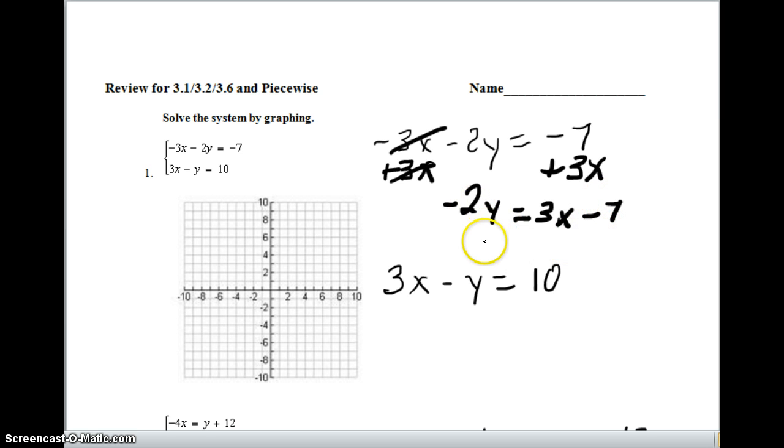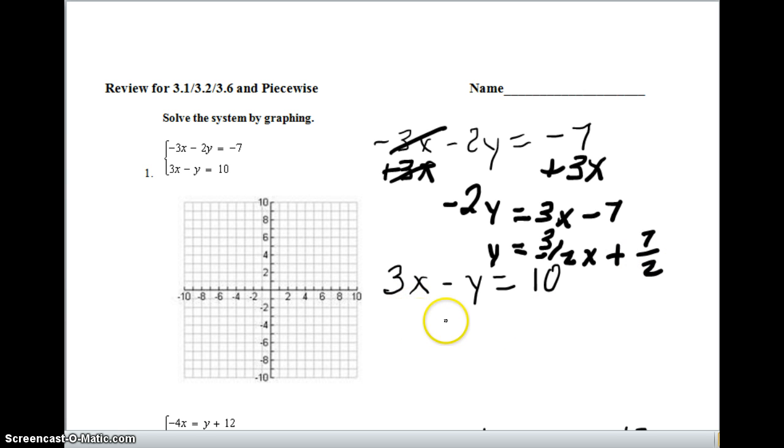And then divide everything by negative 2. That's going to become y equals 3 divided by negative 2, x minus, don't forget that negative, 7 over 2. 7 over negative 2, which is going to make that plus.